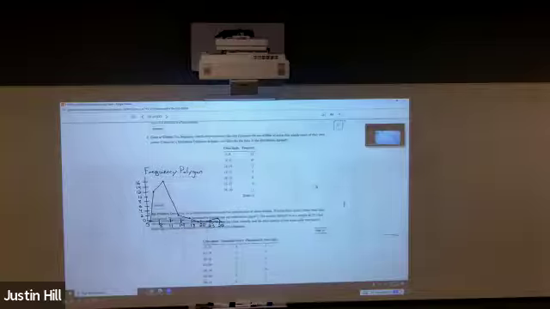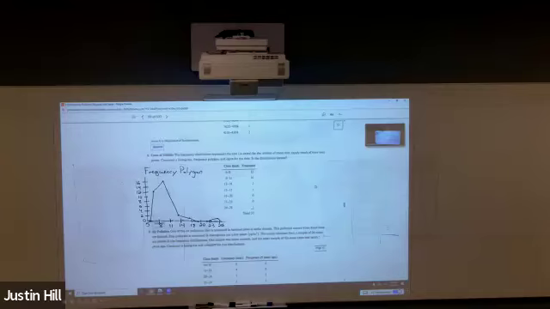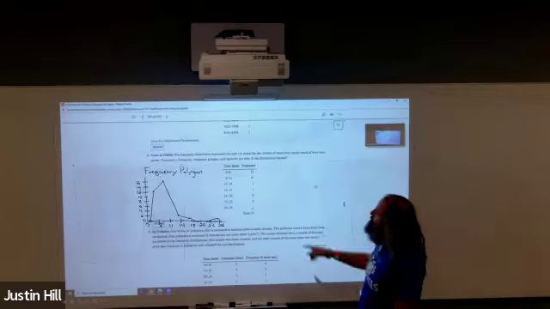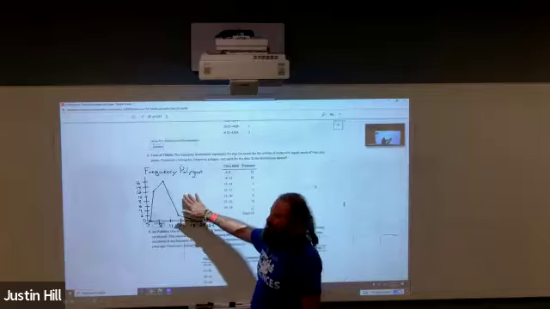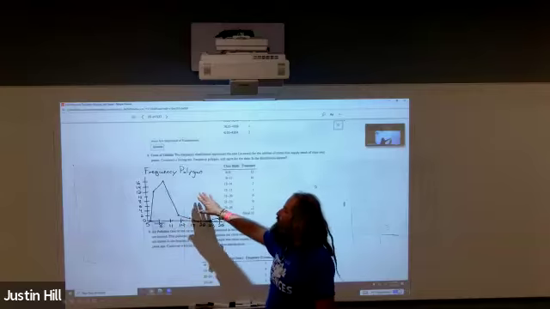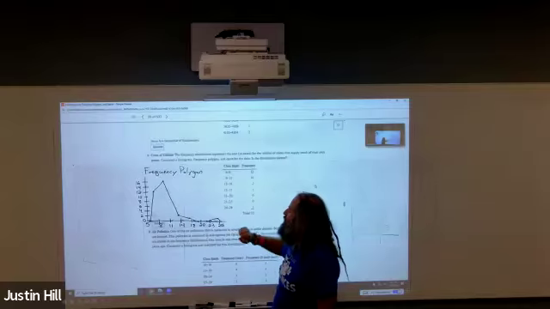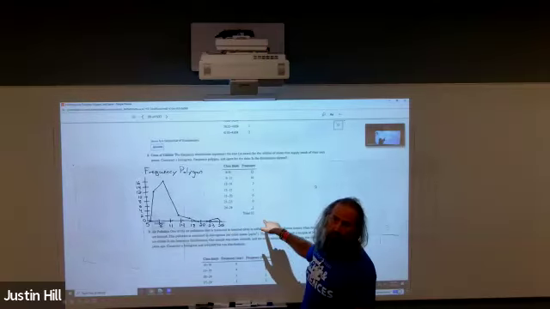Pretty much the way you want to think about it, an ogive is basically a frequency polygon, a line graph, but for the cumulative frequency.